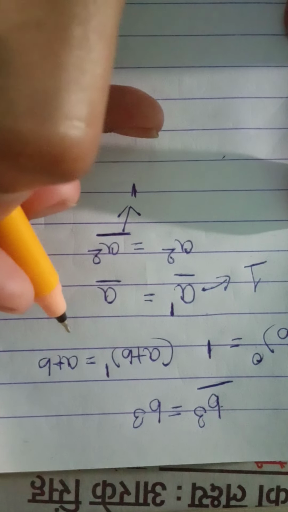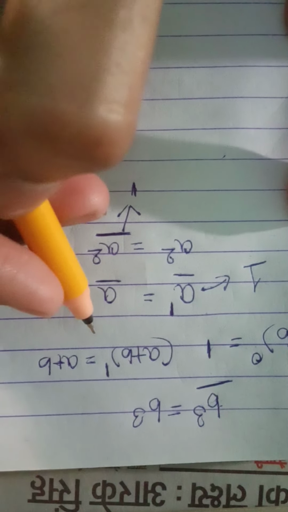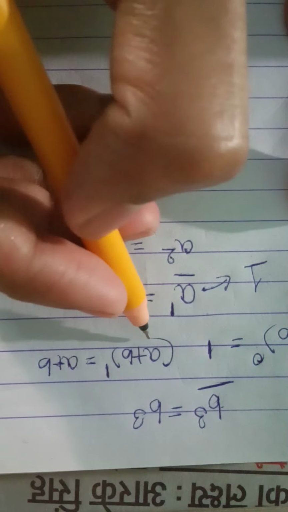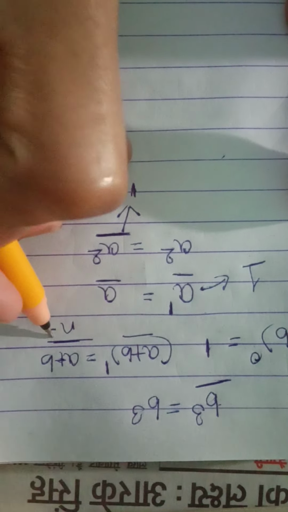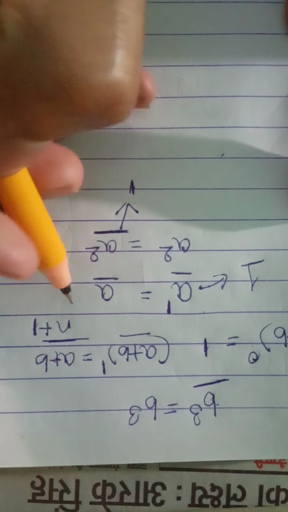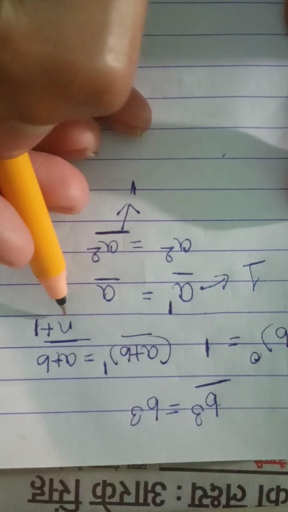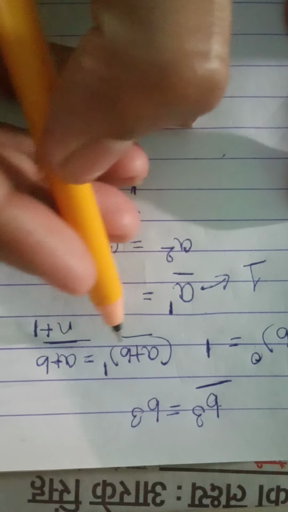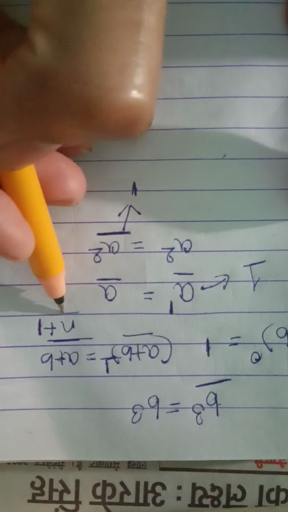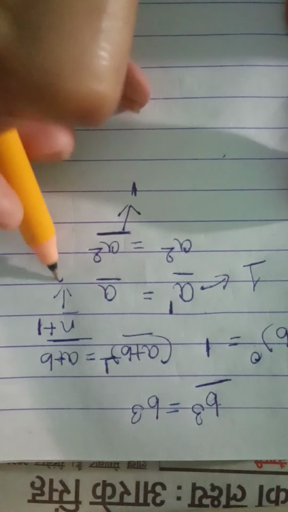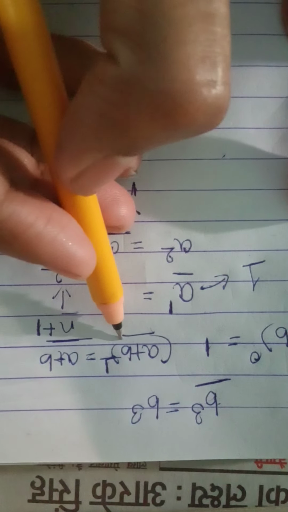Then a simple trick of math says that in the 2 digit sum expansion the number of terms is n plus 1. Here n is the power of the expansion, here the power is 1. If we put the value of n as 1, we get 2. It means the number of terms in the expansion of a plus b is 2.